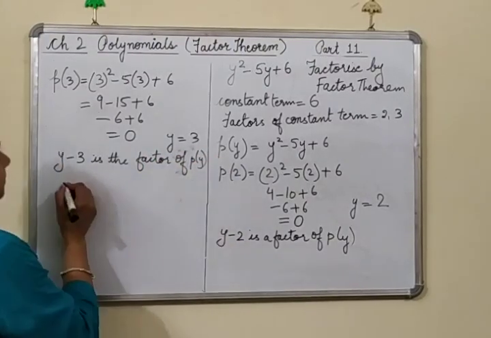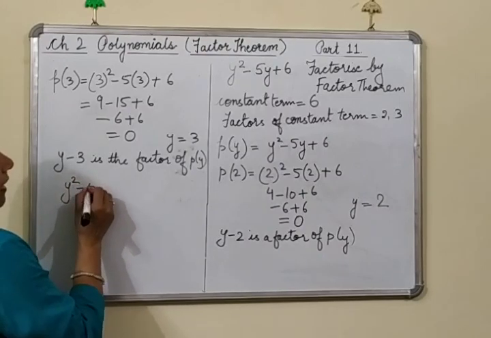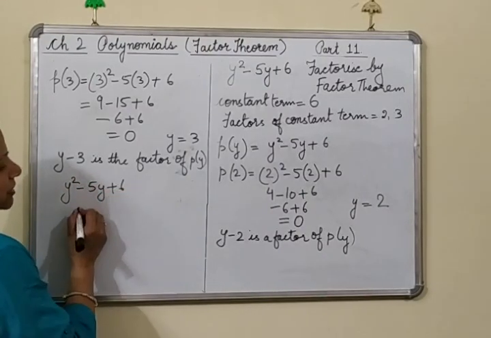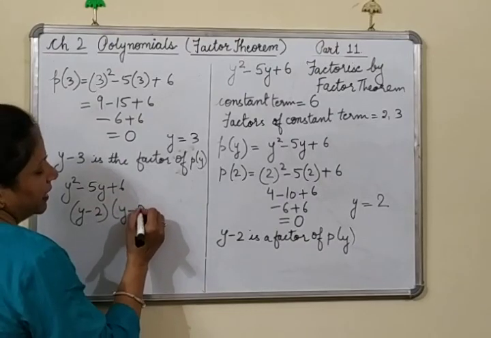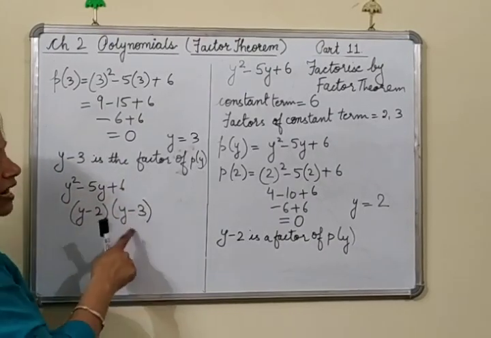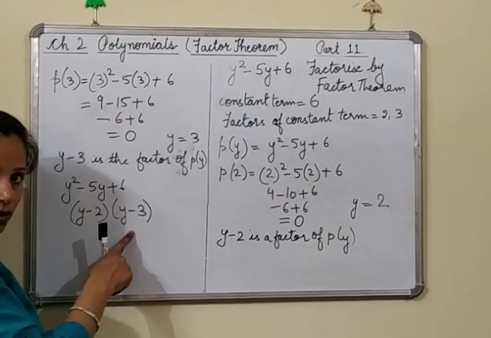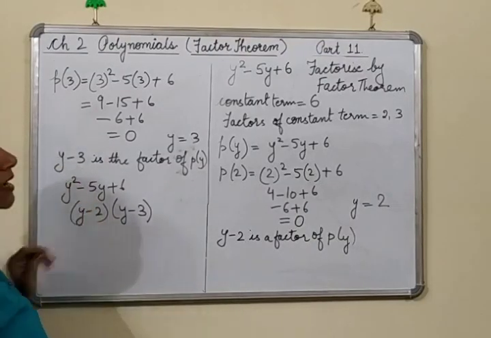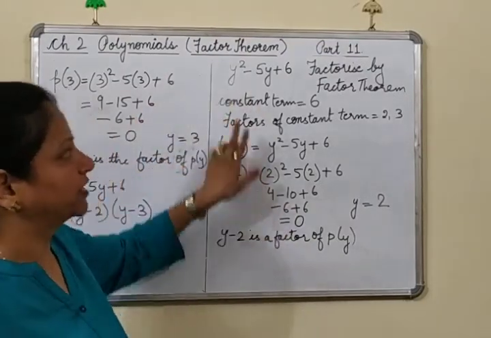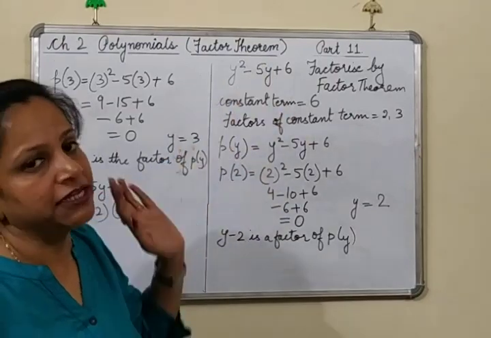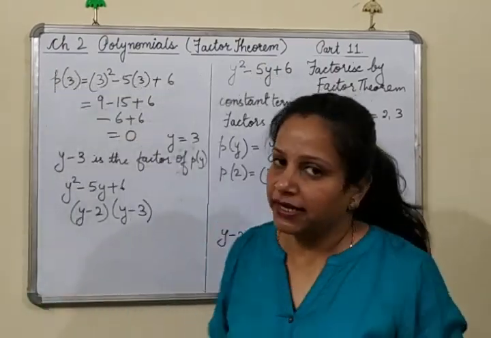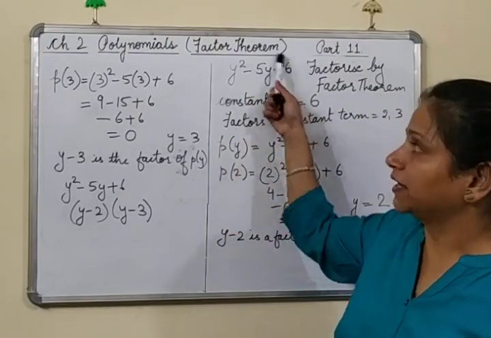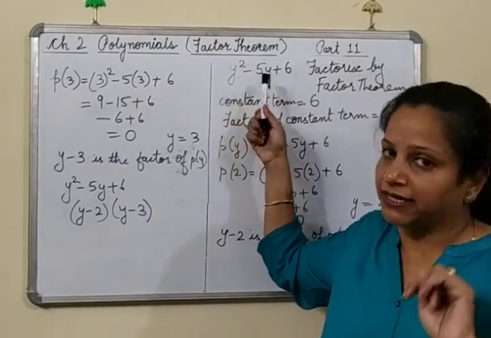That means for y square minus 5y plus 6, both the factors are y minus 2 and y minus 3. These are the two factors. By applying factor theorem, we can find the factors of any given polynomial. A note to quote over here is that if it is a quadratic polynomial, there will be two factors.